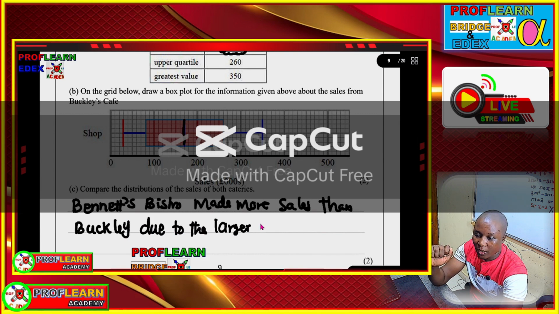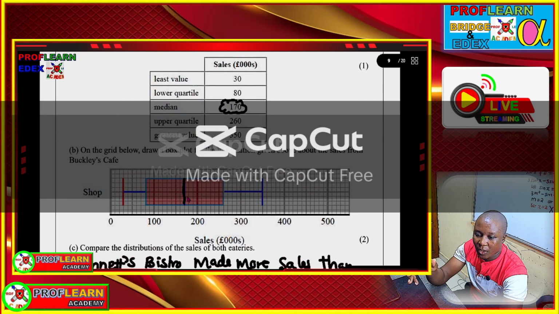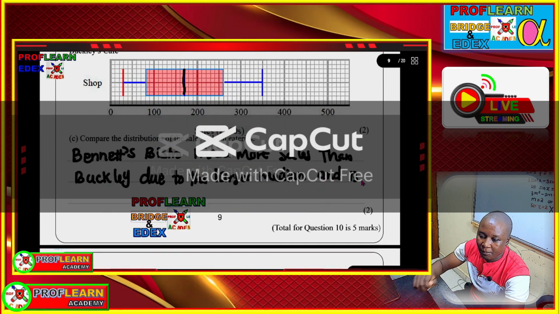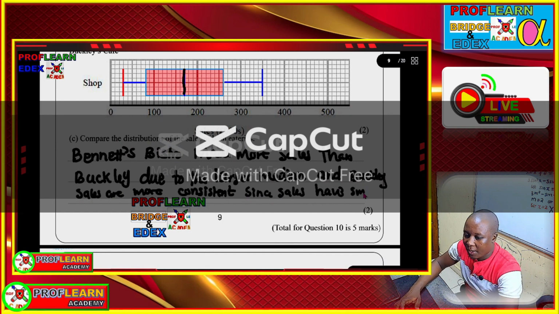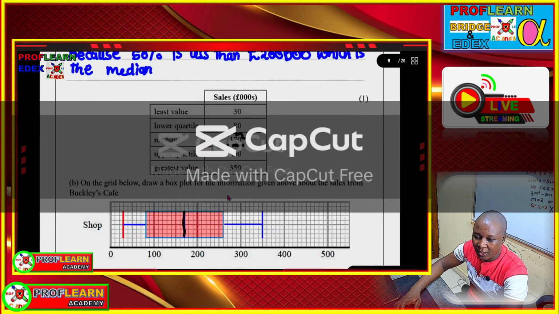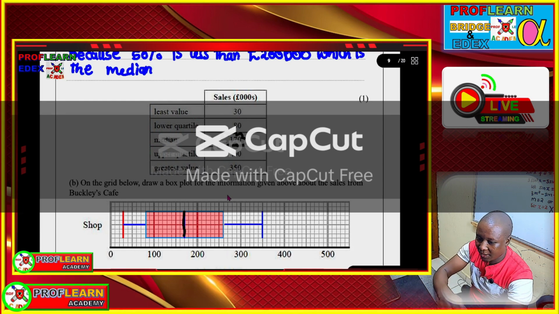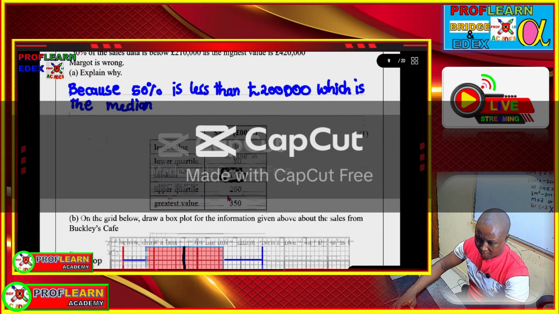So the median will enable you to know where more sales took place. And for consistency, we look at the interquartile range. Berkeley sales are more consistent than those of Bennett's because it has a smaller interquartile range. If you have a small interquartile range, we say that there is consistency in that particular data.